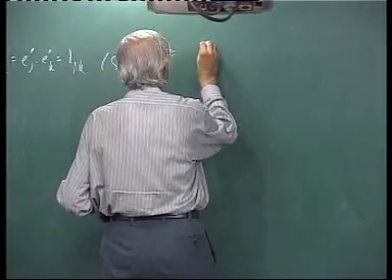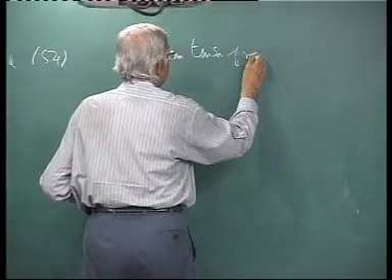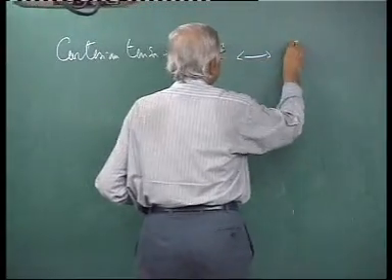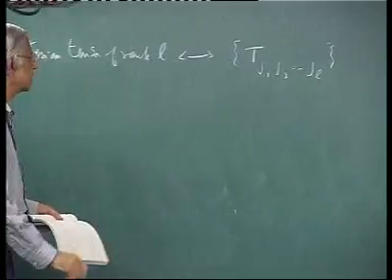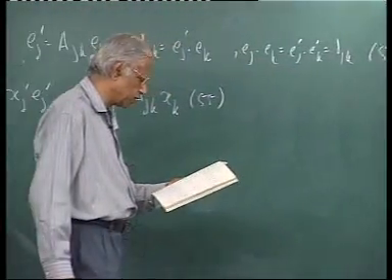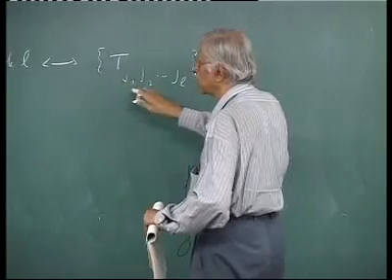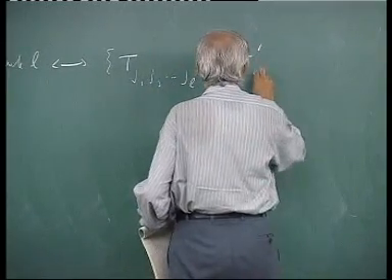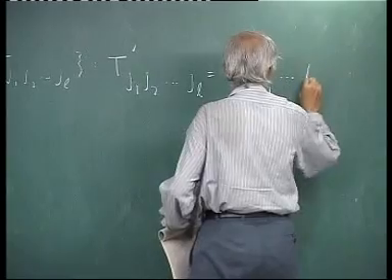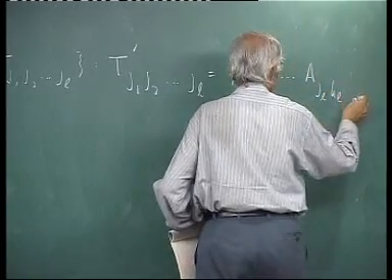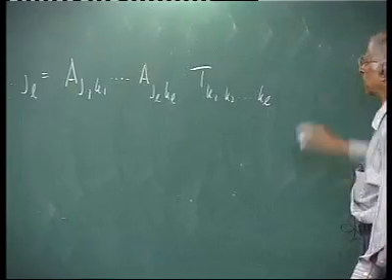We say that a Cartesian tensor of rank L is a collection of components written as T with many indices J1, J2 up to JL, where every index runs over the values 1, 2, and 3, such that when you make a coordinate system change, you rotate the coordinate axis, the old and the new components of T are related by this transformation law.